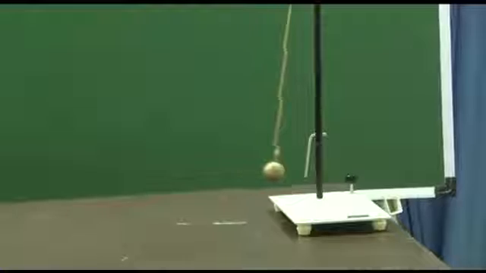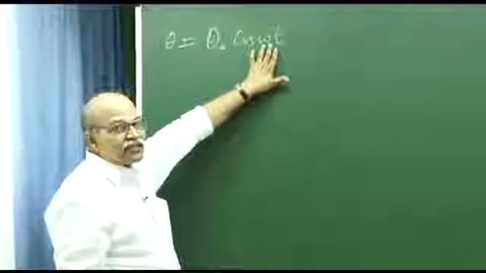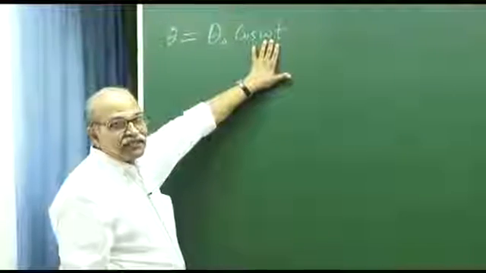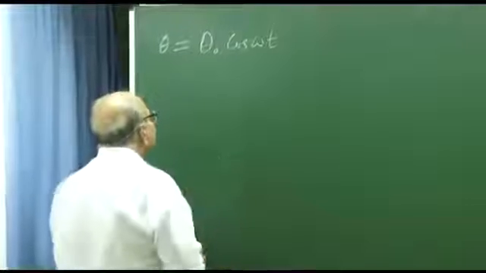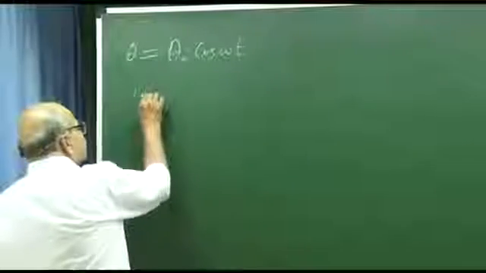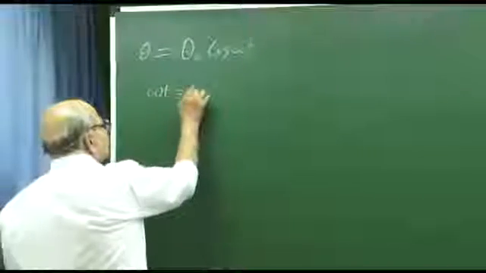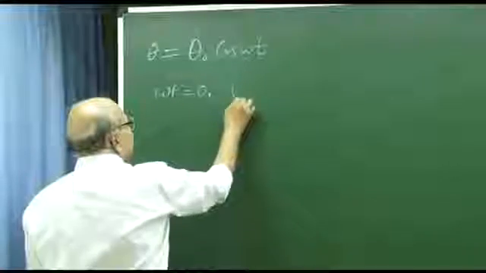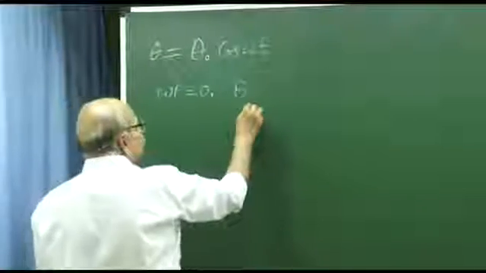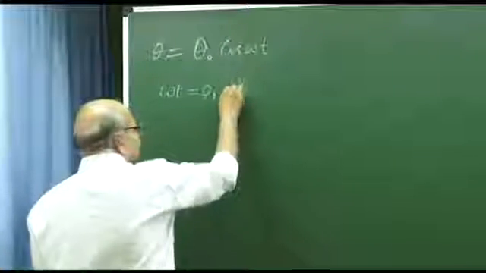So, this entire phase can be described mathematically just by giving the value of this omega t. And how? Let us see. Suppose omega t is 0. What does it say? It says that theta is equal to theta naught. So, let me make a table.